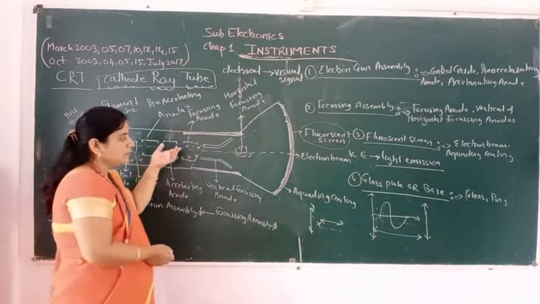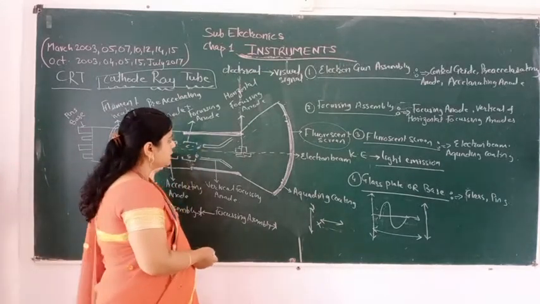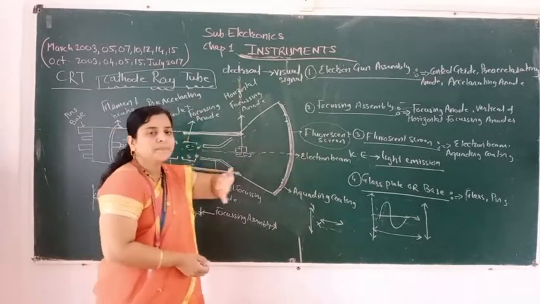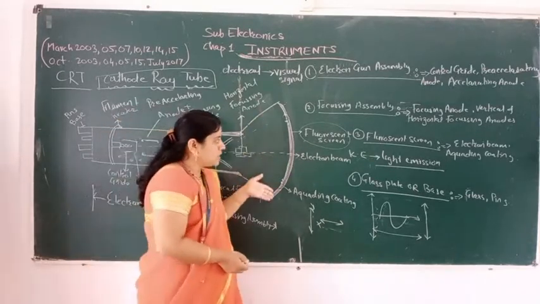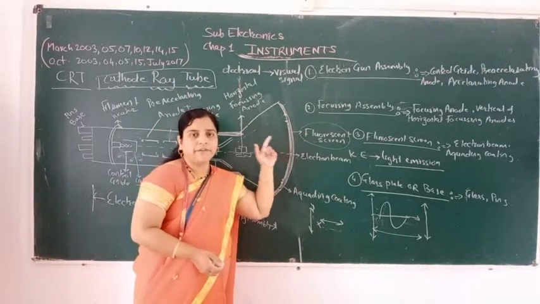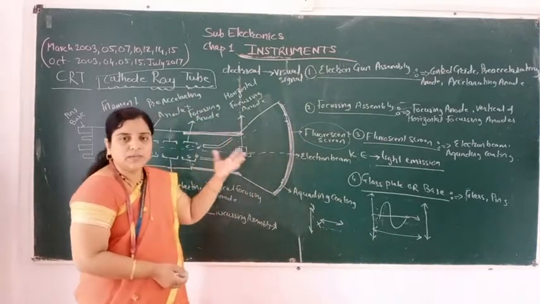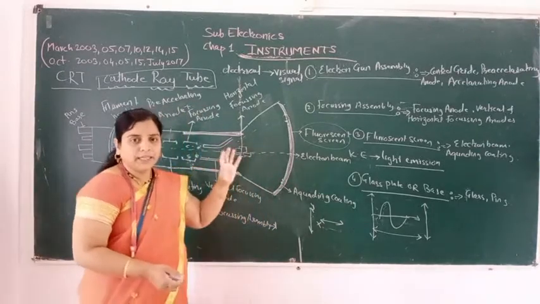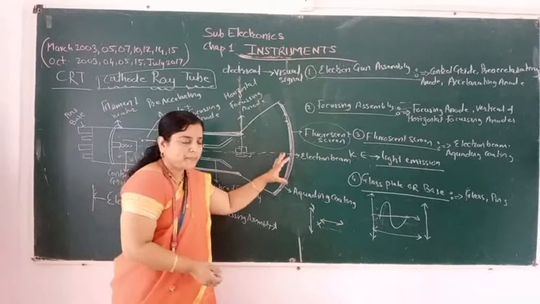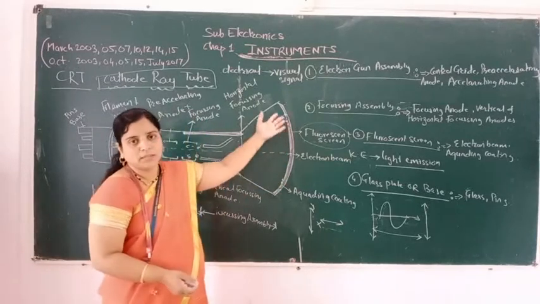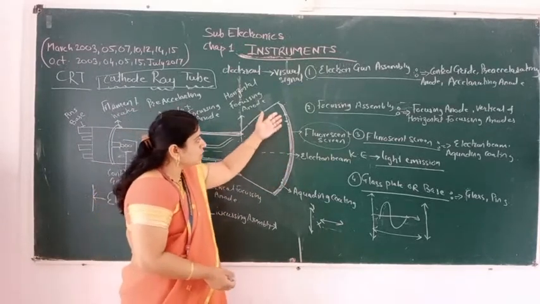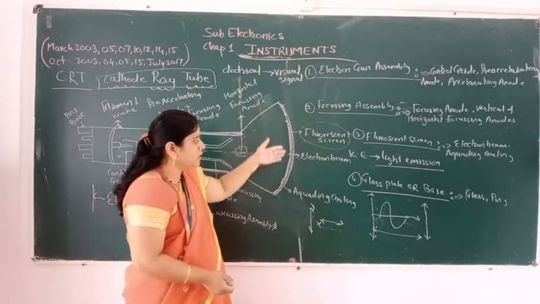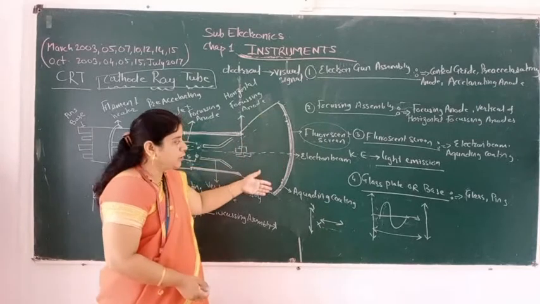That speed is nothing but the kinetic energy, and with that kinetic energy the electron beam strikes the fluorescent screen. The fluorescent screen converts kinetic energy into light emission, prepares the image of that beam, and that image is observed on the screen.